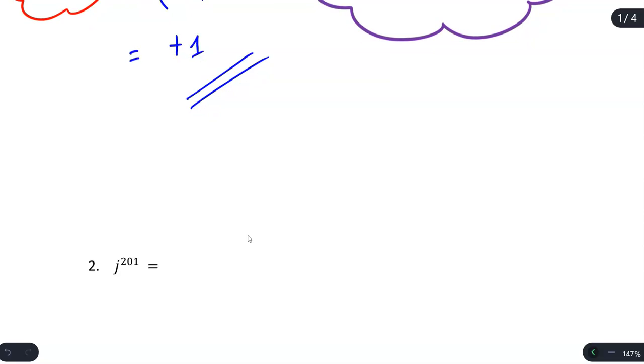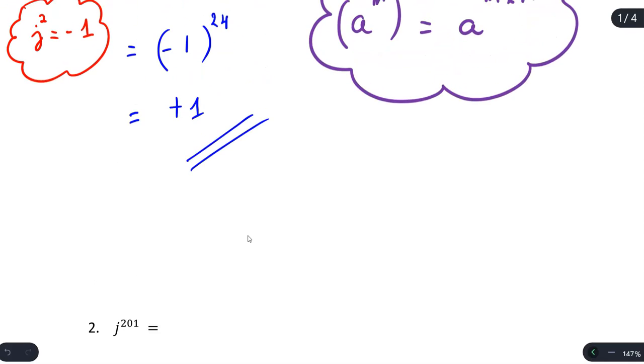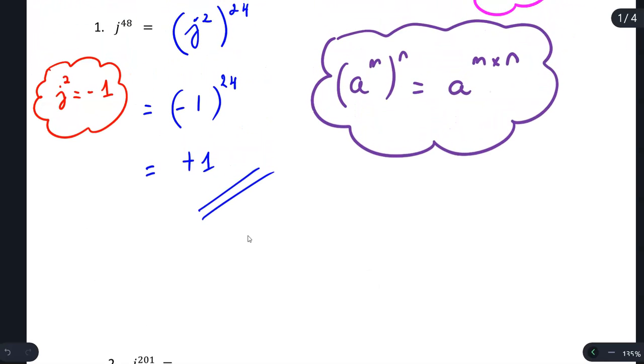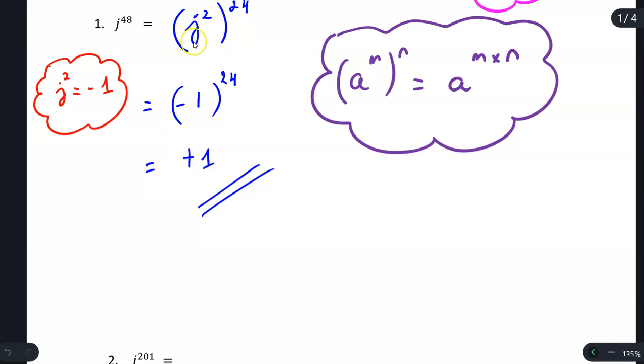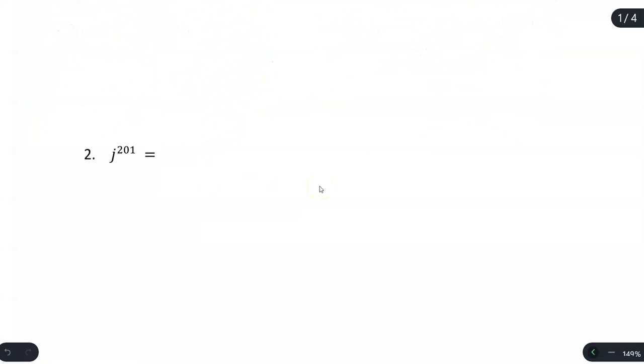Alright, so let's move on to the next one. The next one I have is j to the exponent 201. What you notice is that in the first example, I had j to the exponent 48, so I had an even exponent. But for number 2, I have an odd exponent.